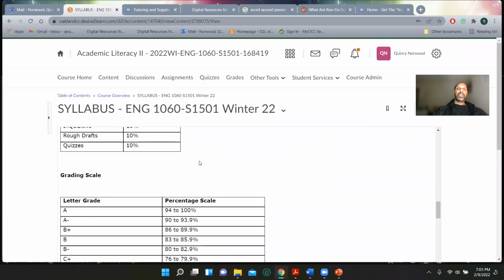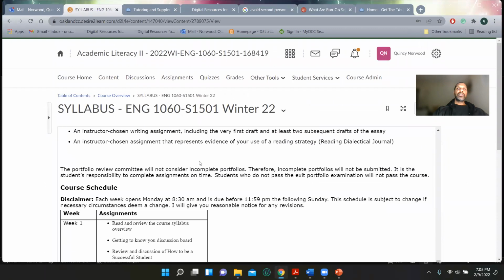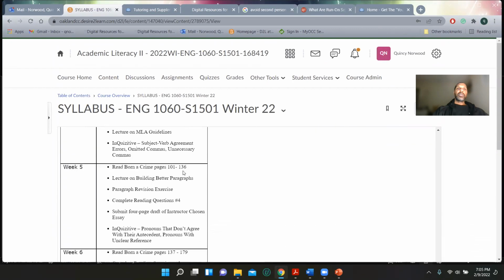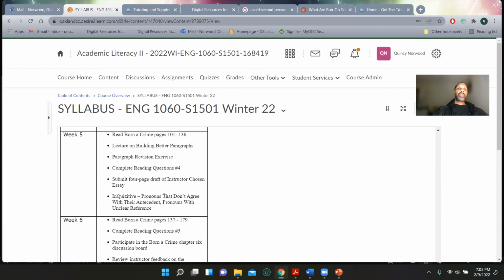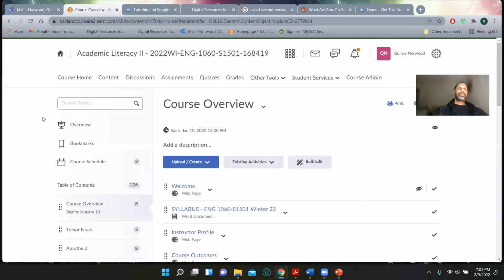The reading for Monday is page 136. Again, once I upload the recording of this class, I will reinforce all this stuff that I just said.